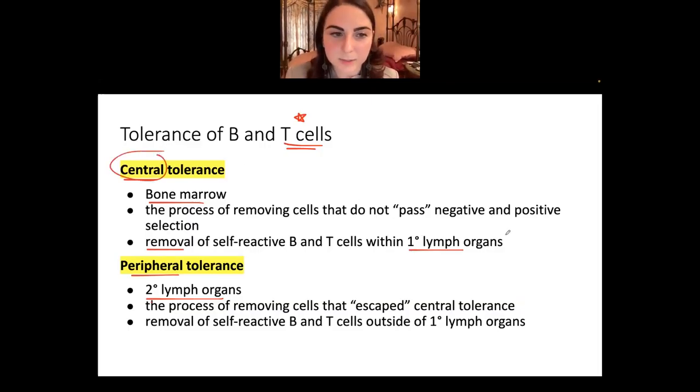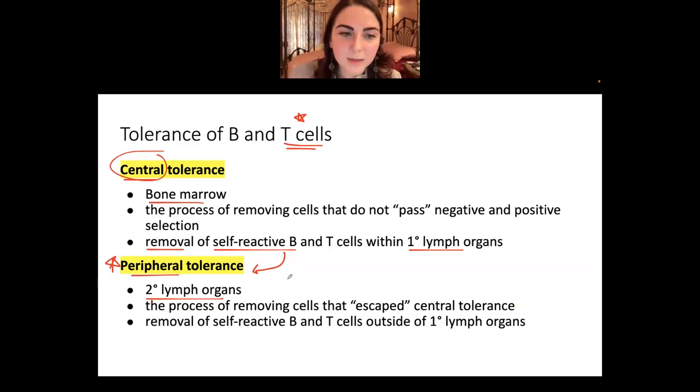That's basically central tolerance. Peripheral tolerance is the same idea, but it's a fail-safe mechanism. What if some of these self-reactive B and T cells left? Then the body has a second mechanism called peripheral tolerance to catch the escapees. So peripheral tolerance is when you remove the cells that escaped central tolerance.